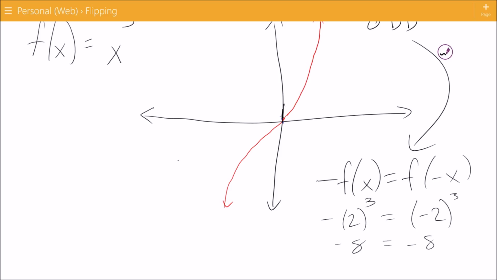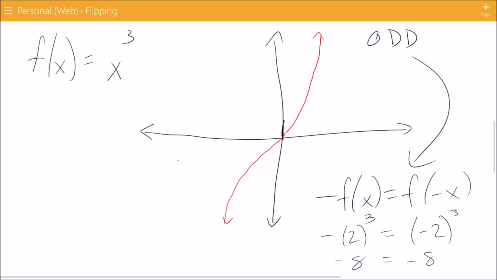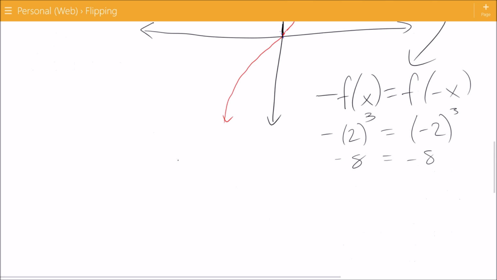They equal one another. It's a way of saying that I've got some sort of symmetry here between what's in quadrant 1 up here and what's in quadrant 3 down here. And it's a good way you can use to describe different functions graphically as well as algebraically.